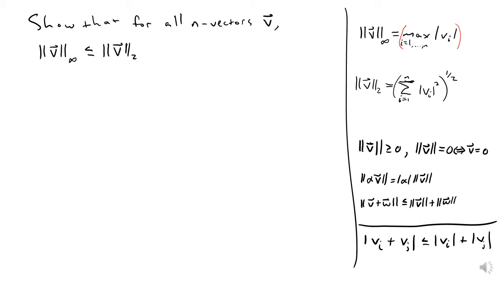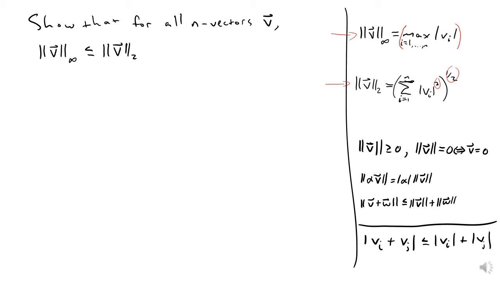For this particular inequality, starting off with my definitions, knowing what the infinity norm and the 2 norm look like, this 2 norm has a square root going on and it has all of the entries being squared and we're adding them up. It may help a little bit to make things look more similar between the two norms.